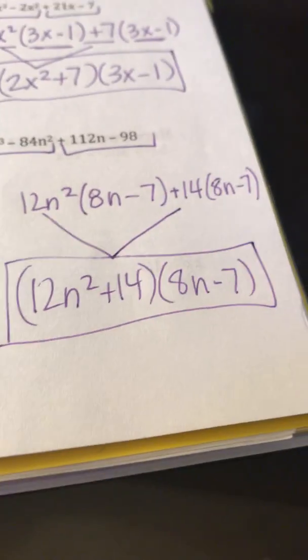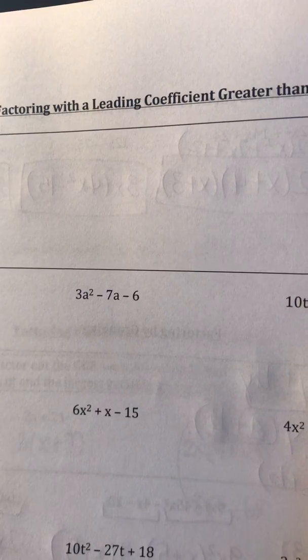Now, I am realizing that this has already been kind of a long lesson. So I think that this last section right here, factoring with a leading coefficient greater than 1, we're going to start there with tomorrow's lesson.